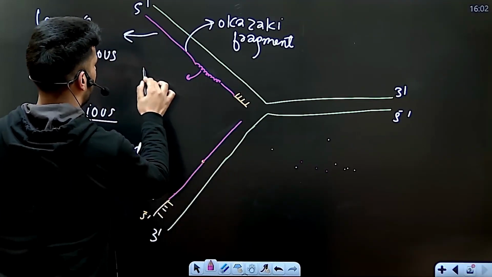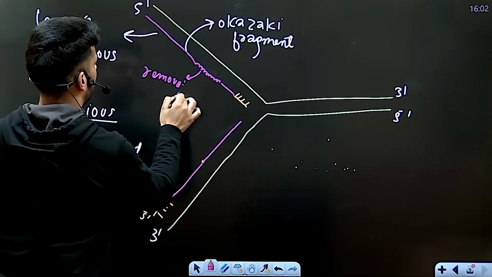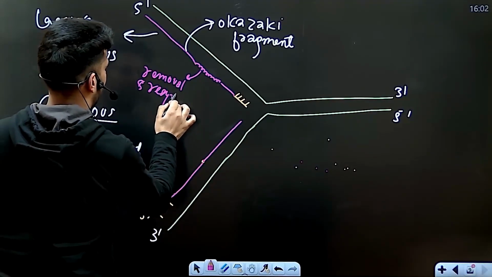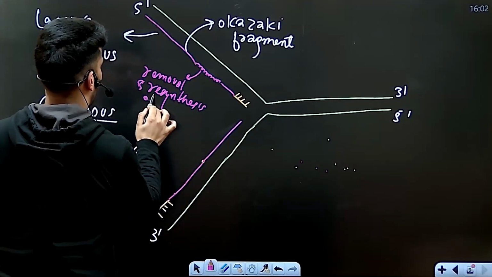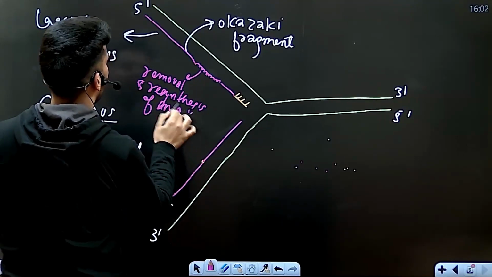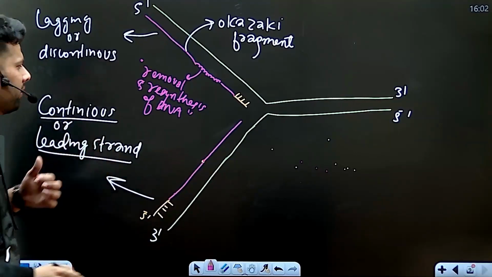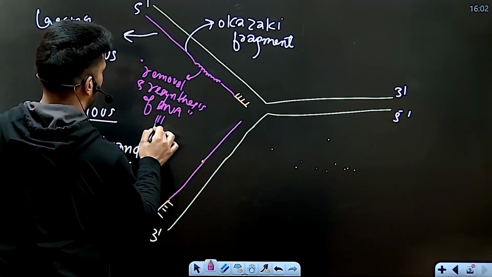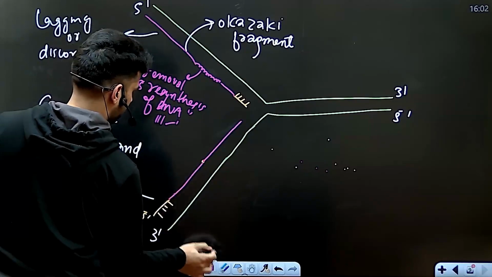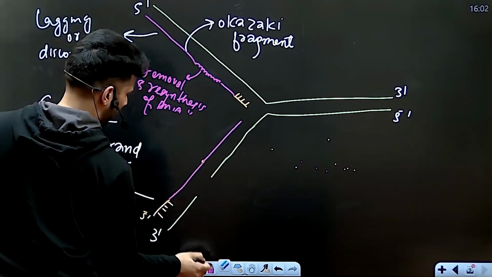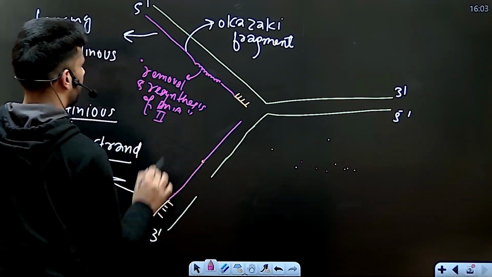There will be removal of primer and resynthesis of DNA by another DNA polymerase, which is DNA polymerase 2 in the case of prokaryotes.